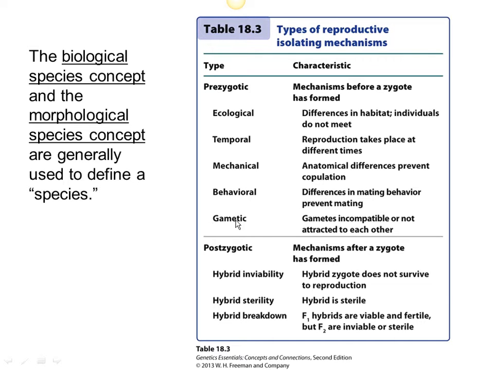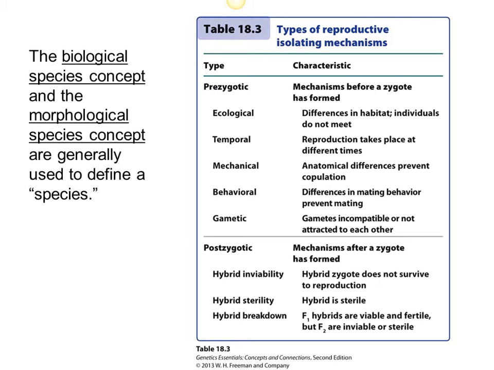And then one that's really strong is the gametic barrier, where the gametes are not compatible. Typically if you have two organisms that are clearly different species, like cat and dog, even if they tried to mate, which they don't, because they have different behavioral things and mechanical things, but even if they did, or even if you could convince them to do it, the egg and the sperm just wouldn't recognize each other and fuse.